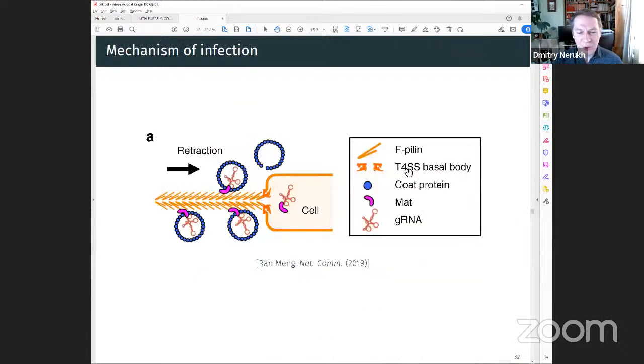So people know that this happens, the biologists know that this happens, but they don't know how exactly. They know the mechanism. What they observe is that at one moment, the phage was attached to the pilus like this. This blue sphere is the capsid, and this schematic RNA inside is the genome.